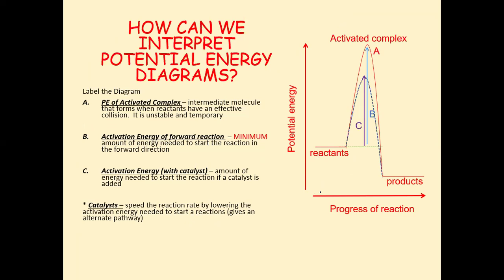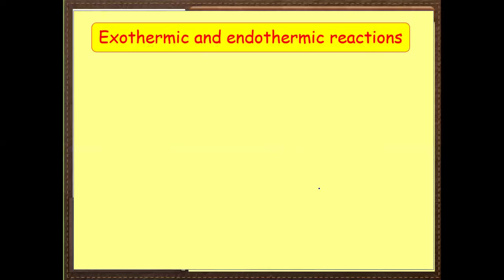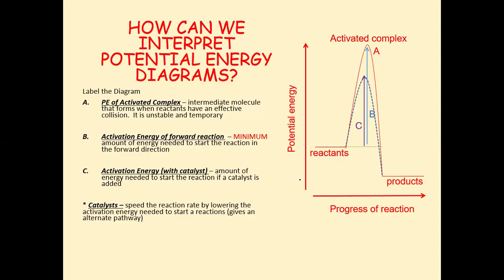Now let's further interpret this diagram. Forget about these blue colors and all that. So I said there are terms that are involved in these diagrams. We're still looking at the very same diagram over here.